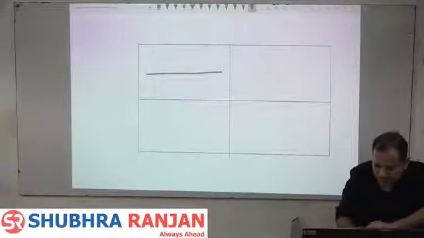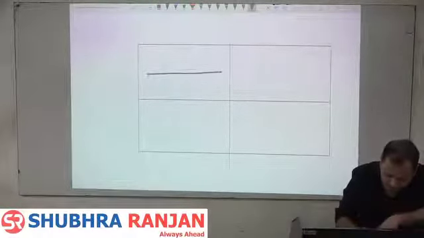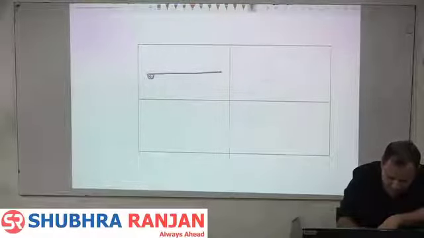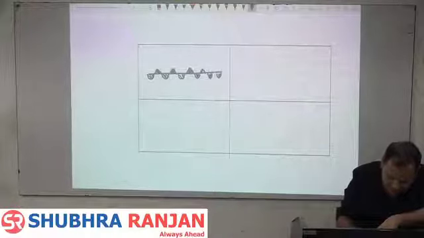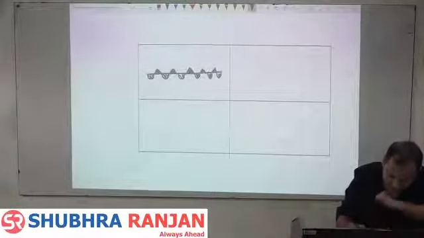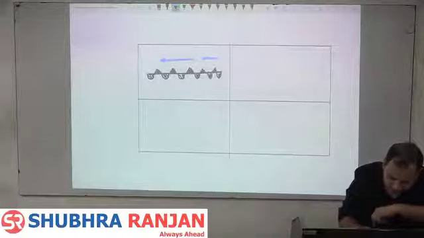Next. In the first stage, the convergence of two contrasting air masses occurs. Before the convergence, the air masses flow parallel to each other.